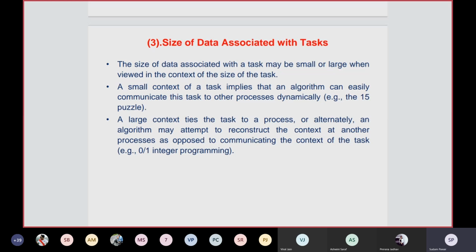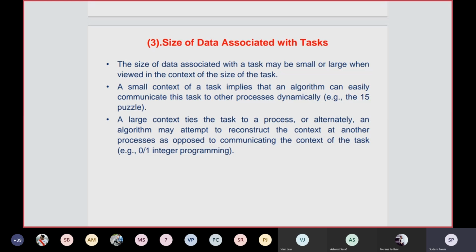So a large context of task ties the task to its respective process or algorithm, and it may attempt to reconstruct the context of that particular task at another process to get the data to complete the computation of that task. An example of this kind of large context task is zero-one integer programming.